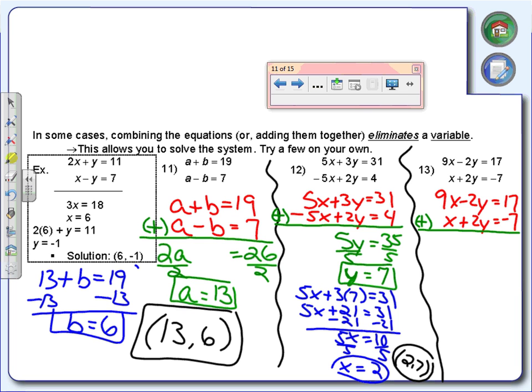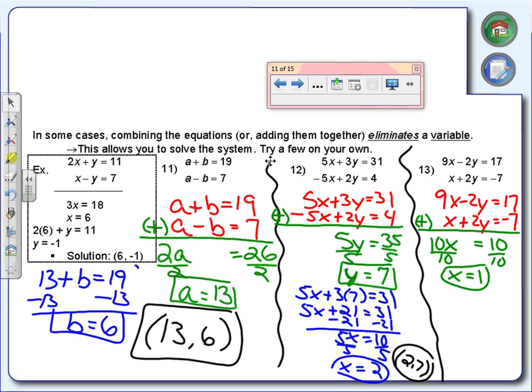Okay, looks like you guys got it. So if we add them together, 9x plus 1x is going to give us a 10x. Negative 2y plus 2y is 0. 17 plus a negative 7 is a 10. Divide by 10, so the value of x is 1.